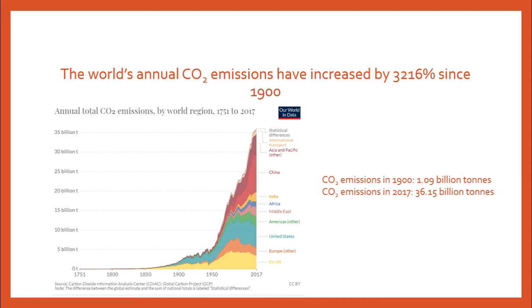In 1900, the CO2 emissions for the entire world was 1.09 billion tons of CO2. And in 2017, that increased to 36.15 billion tons. And if you actually calculate the difference between those, the increase is right around 3,216%.